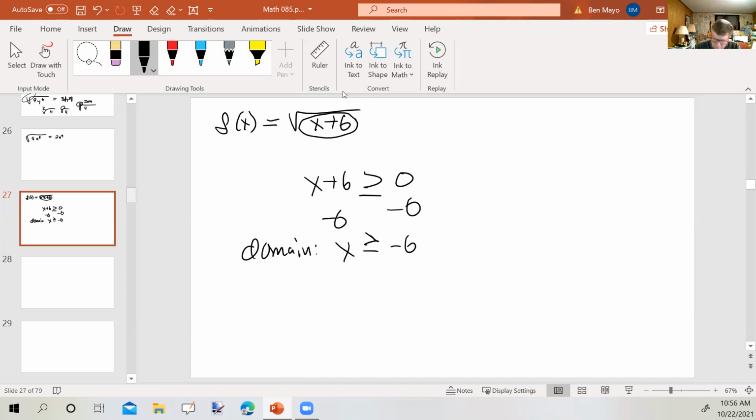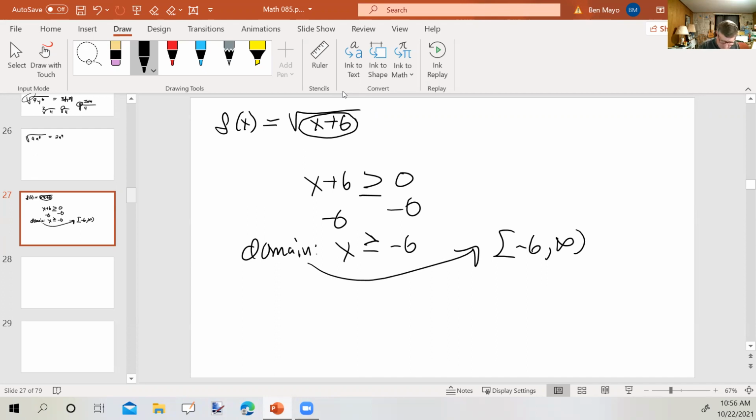We get what x can be to produce a real answer. Now, to write this in interval notation, x greater than or equal to -6 would look like this. So our domain written in interval notation would look like that.